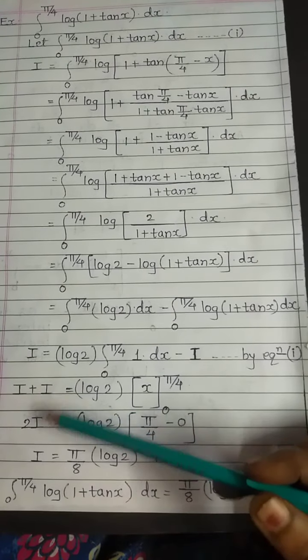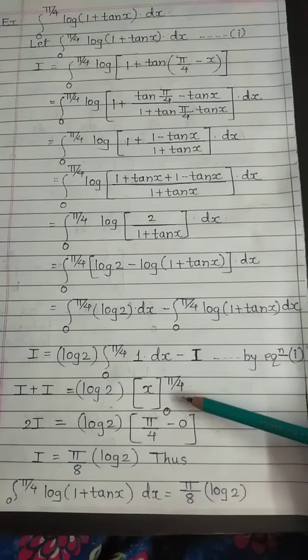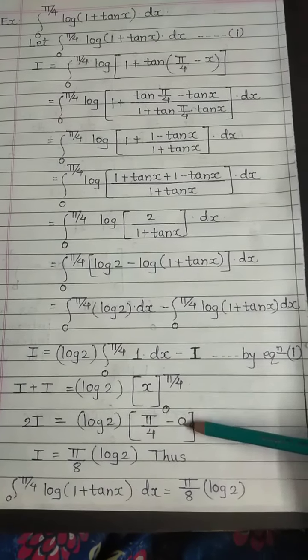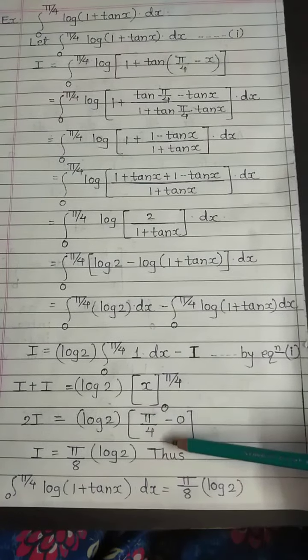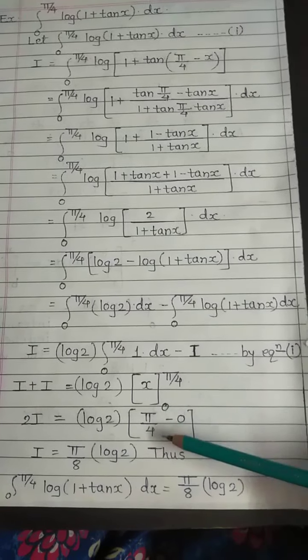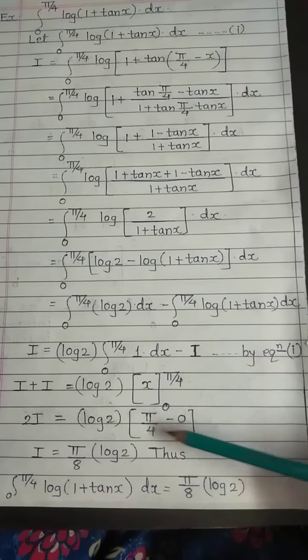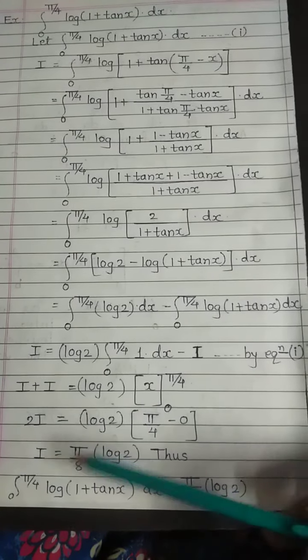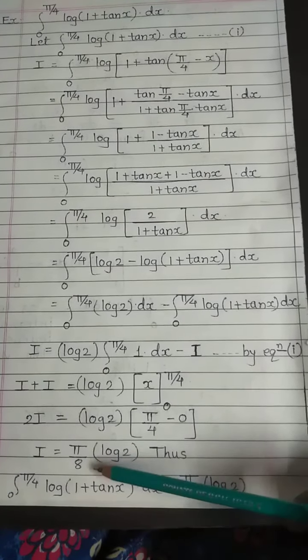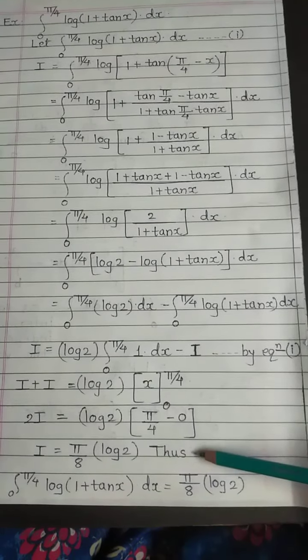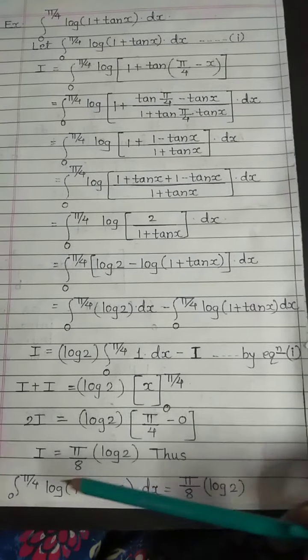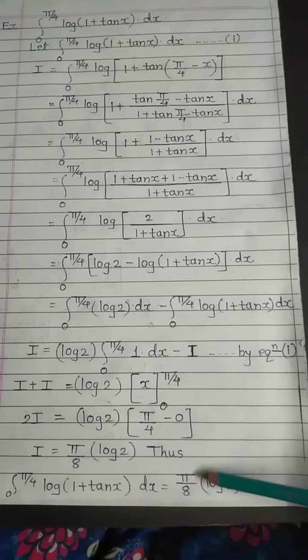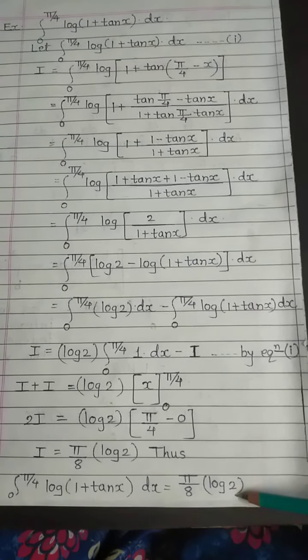Now I plus I is 2I, and applying upper limit minus lower limit, here in the bracket we have pi by 4 minus 0. So simplifying this bracket, we will get pi by 4, and shifting this 2 to this side, the value of I will be pi by 8 into log 2, and thus we can say that the value of the given integration is pi by 4 into log 2.